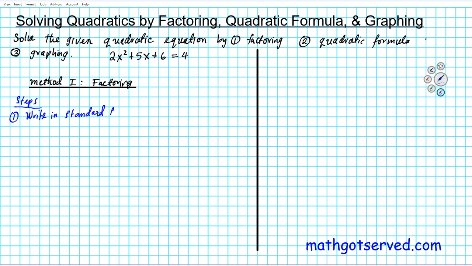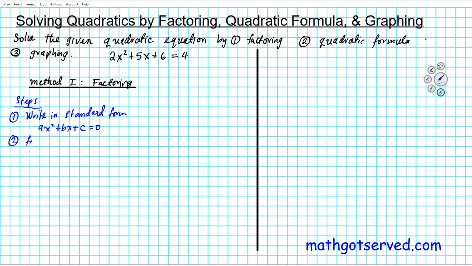What is the standard form of a quadratic equation? It's ax squared plus bx plus c equals 0. So set it equal to 0 and order the terms in descending order of degree: the quadratic, linear, and then a constant term.